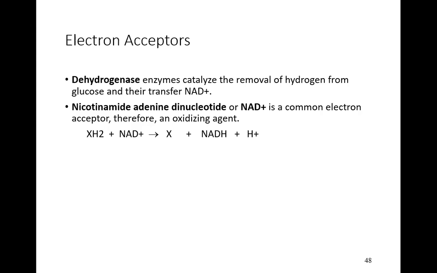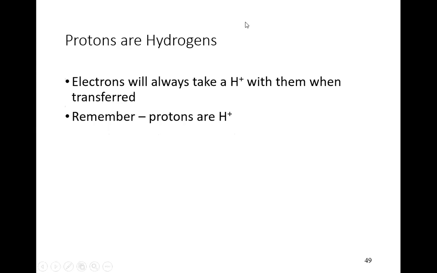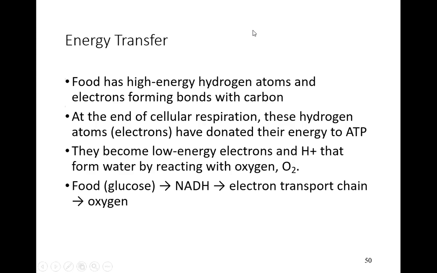And the thing to remember is the NADs are electron acceptors. They are the oxidizing agent. They can pick up 2 electrons and 2 hydrogens, both of which become very, very important to us. Electrons always take hydrogens.